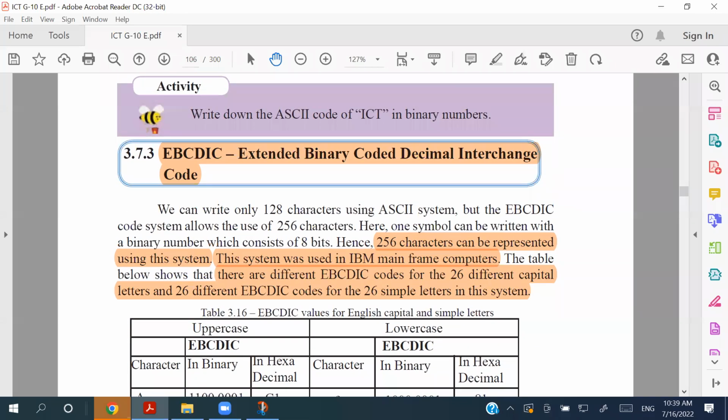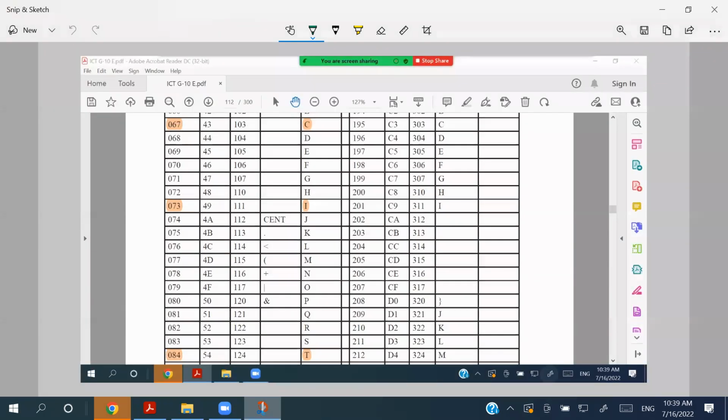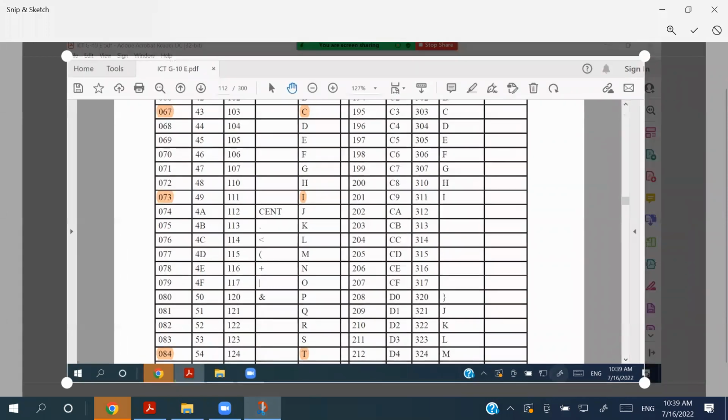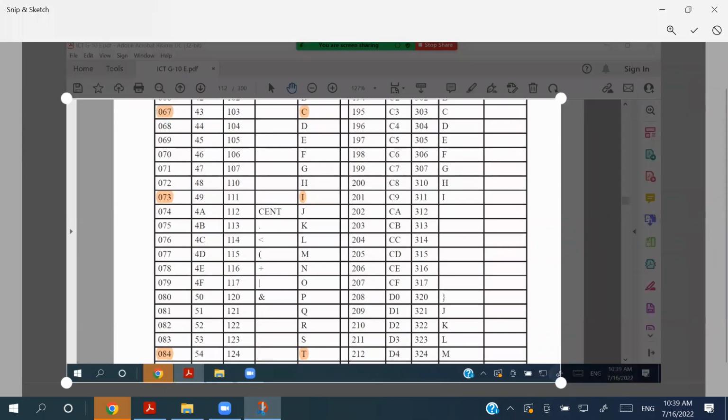The top one. Write down the ASCII code of ICT in binary numbers. Okay, people, give it a try. Here's the ASCII table for your convenience. I have highlighted the things.